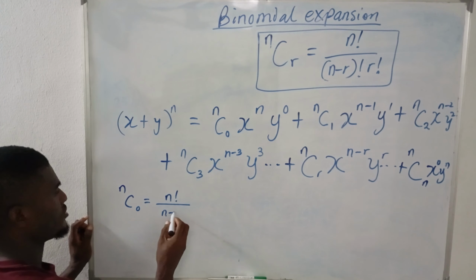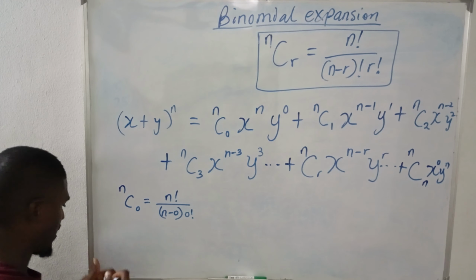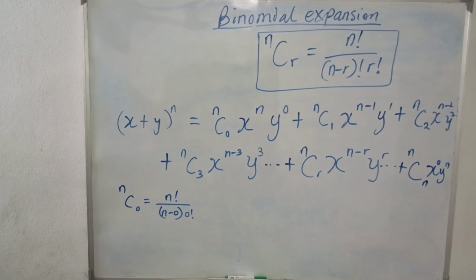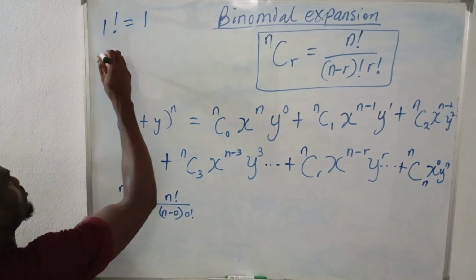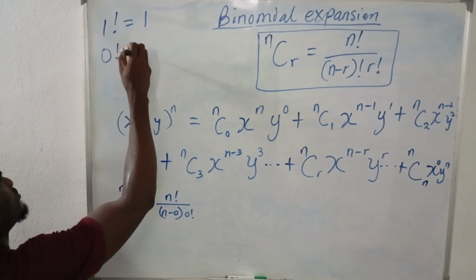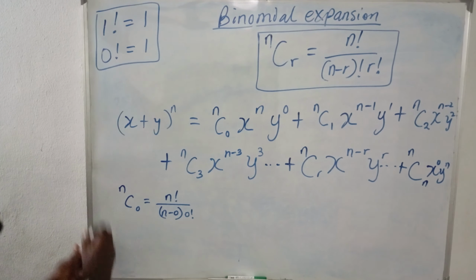Our r in this case is 0, so n minus 0 and then 0 factorial. And please, let's take note that 1 factorial is equal to 1. Also, 0 factorial is also equal to 1. So let's take note of that. That will help us.